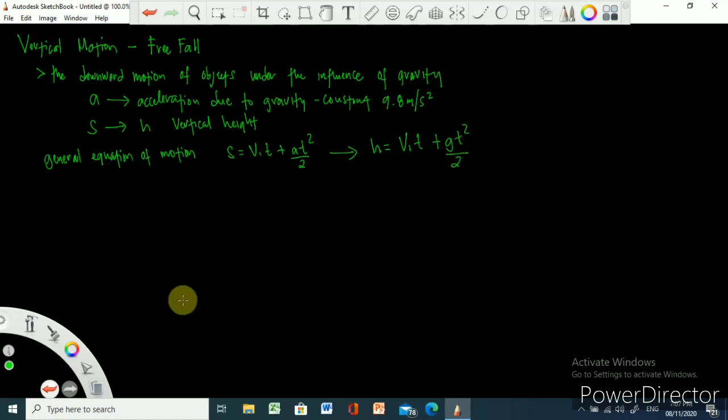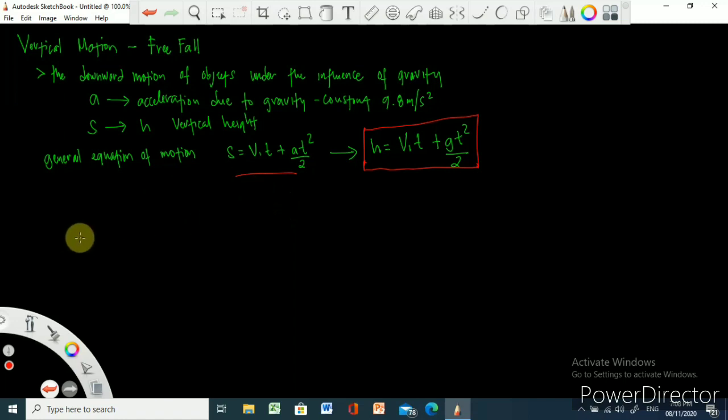Okay? So, this will be our equation for free fall, which is yung pa din naman yun, general equation, na bago lang yung mga symbol, of course.